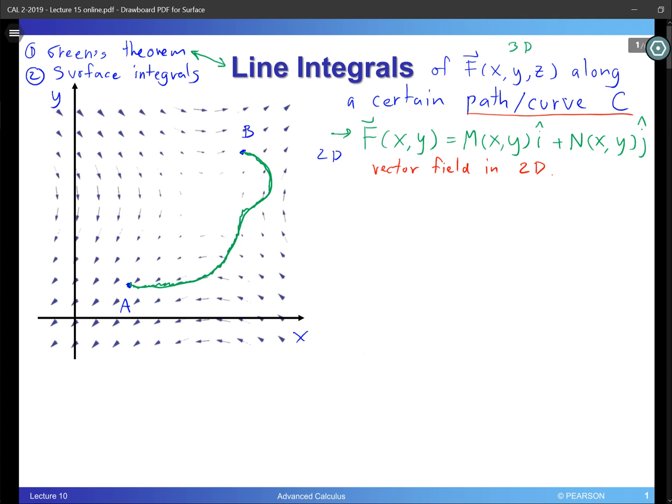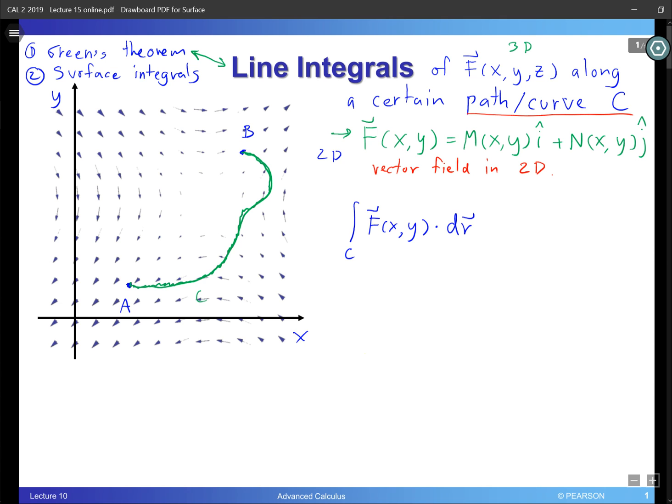So with this kind of information, let's put the symbol C for this curve or the path that we had here. So line integrals for this is going to use this formula. It's going to be integration of this vector field F of xy. Alright, and we are going to do this along this curve C, and when it comes to this formula, it's going to look like this.